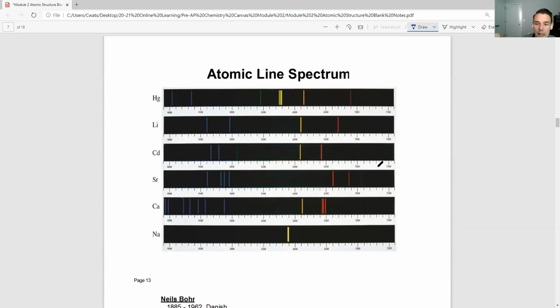Okay, so the atomic line spectrum. There's a flame test lab that shows the same thing. We can't do this on the computer, or at least do it well, so we're going to skip this. But basically, you can take a special piece of equipment and look at a light, and it breaks it up into distinct lines.